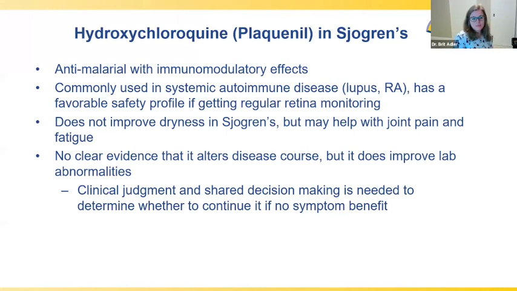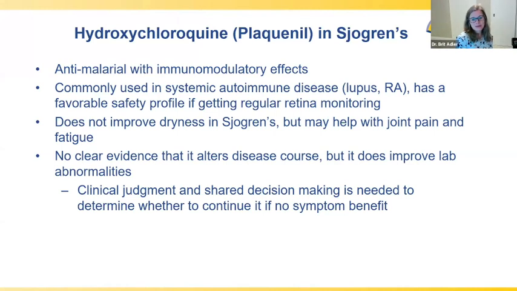And so doing a trial of Plaquenil in Sjögren's is very reasonable to see if it may help if you're having joint pain or fatigue. We have no data showing that it actually changes the disease course and is a disease-modifying therapy, but there is good data showing that it improves lab abnormalities.